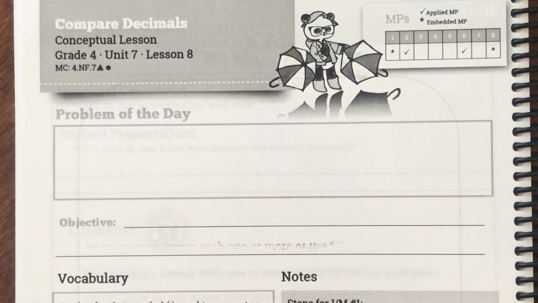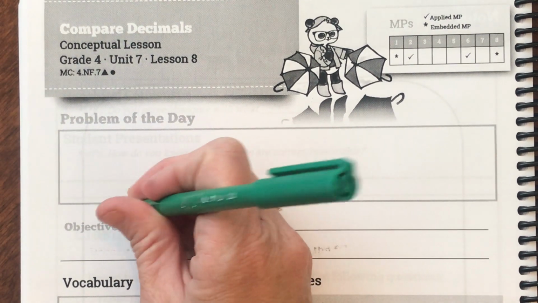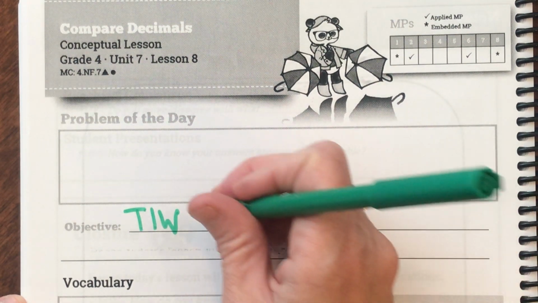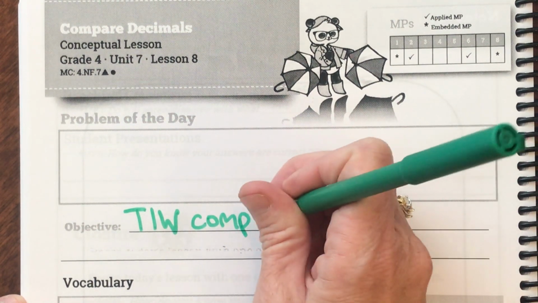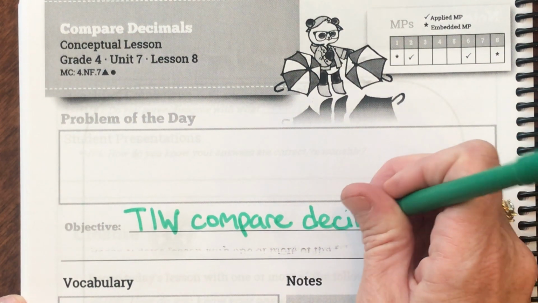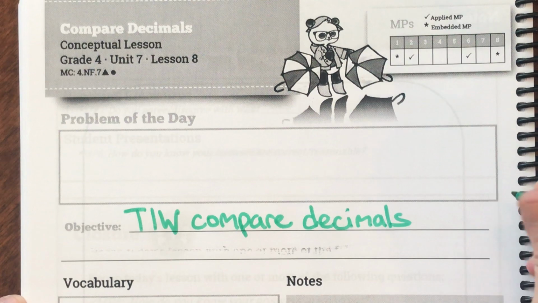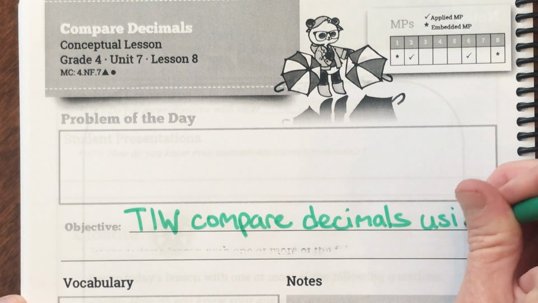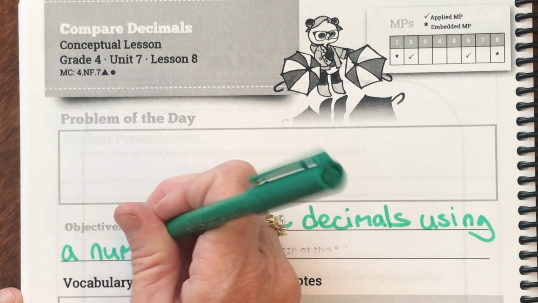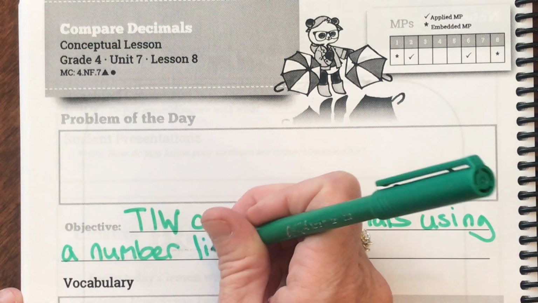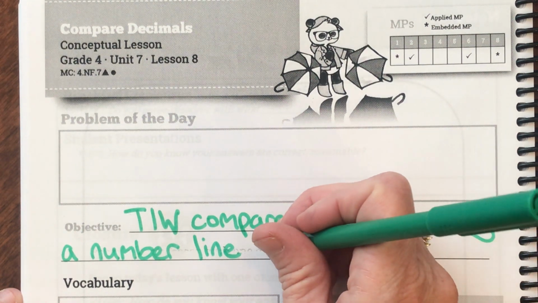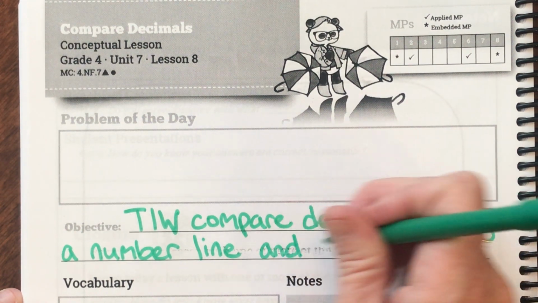Our objective today is, today I will compare decimals using a number line and fractions.